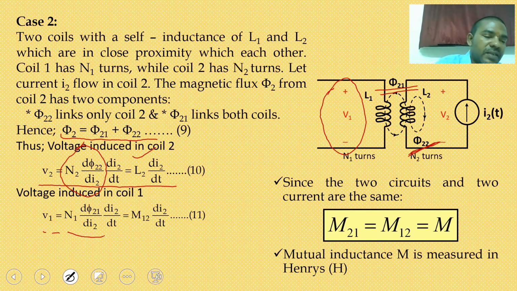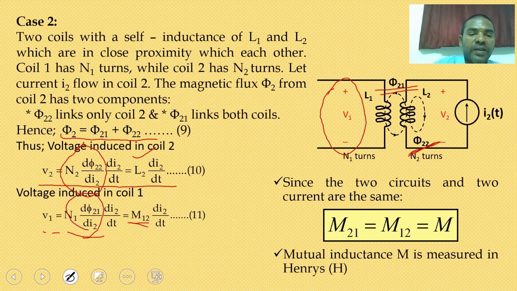Now this term N1 d phi 21 divided by di2 I am taking as M12, into di2 by dt.